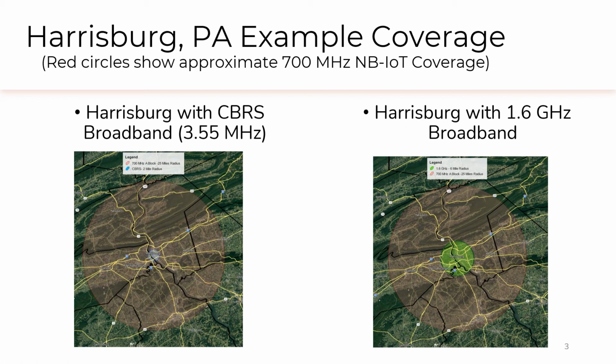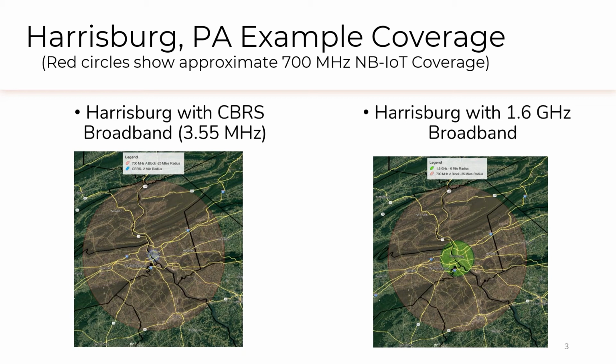So 700 megahertz is an excellent propagating frequency, but even more importantly, to get this long range, NB-IoT is a standard that's specifically designed for broad coverage and to support Internet of Things type applications. So because of that, it can tolerate transmission issues, propagation issues, even interference issues that would not be acceptable in other types of technology.